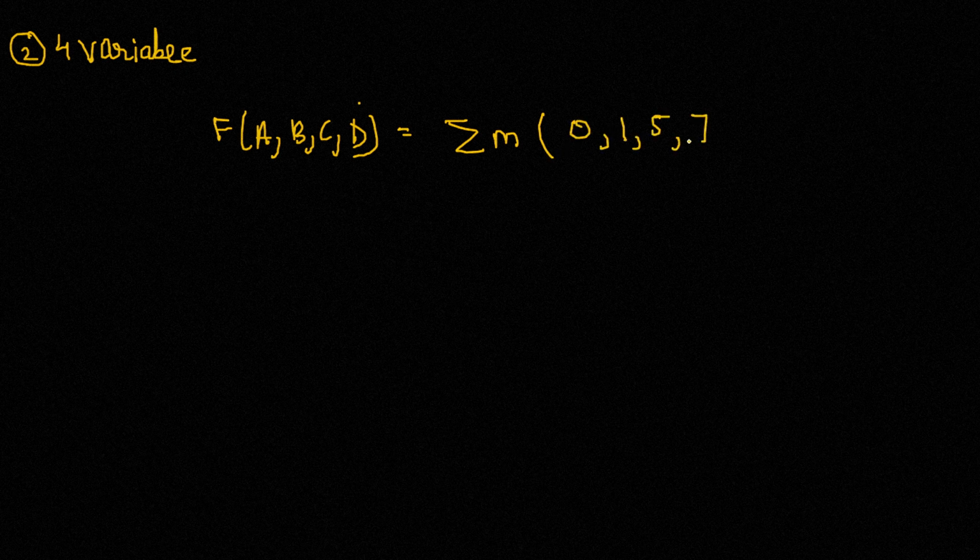Let the example be f of a, b, c, d written as summation of minterms 0, 1, 5, 7, 8, 9, 13, and 15. For this, first let's make the K-map.